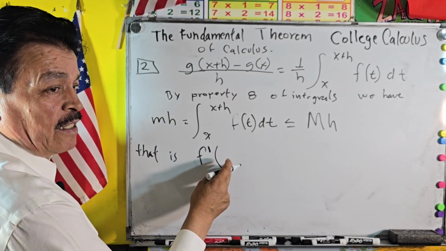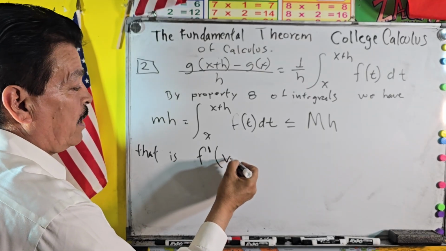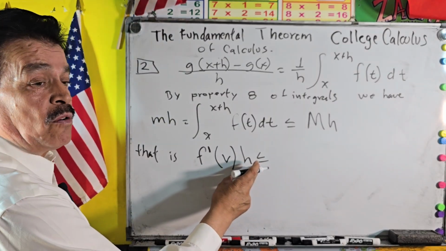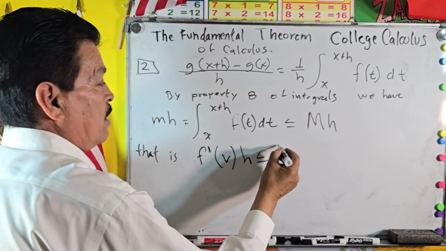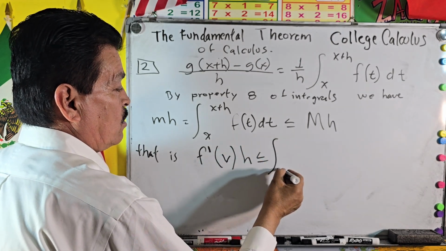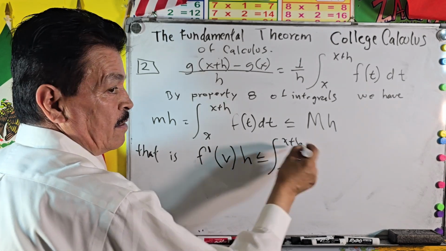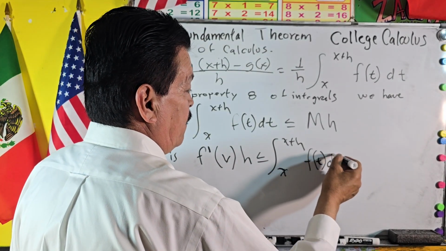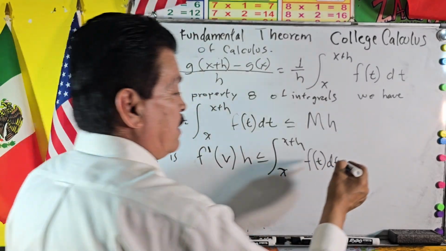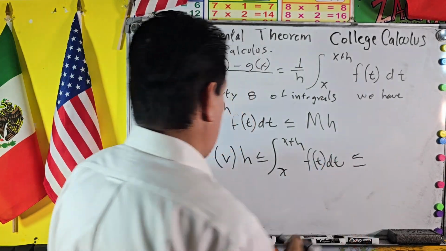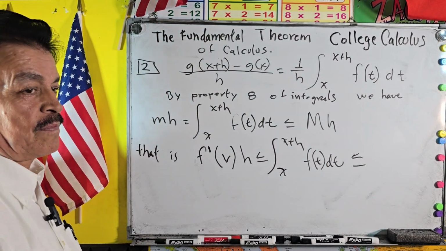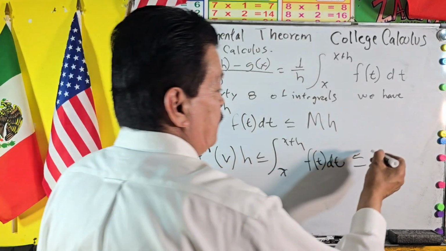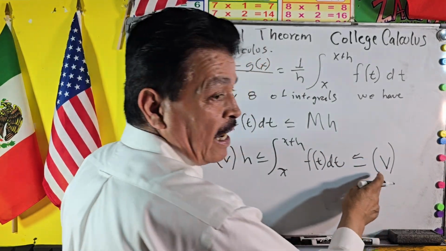Here we have to write m h less than or equal to the integral from x to x plus h of f of t differential of t, less than or equal to M times h.